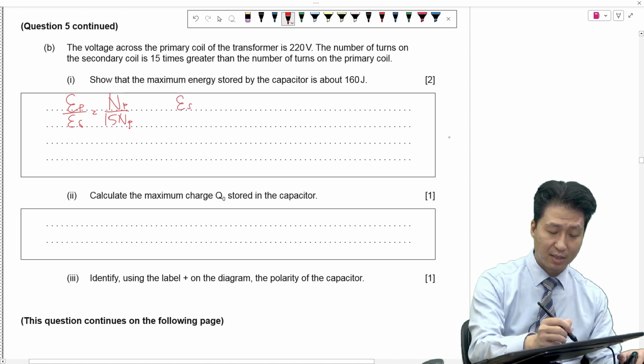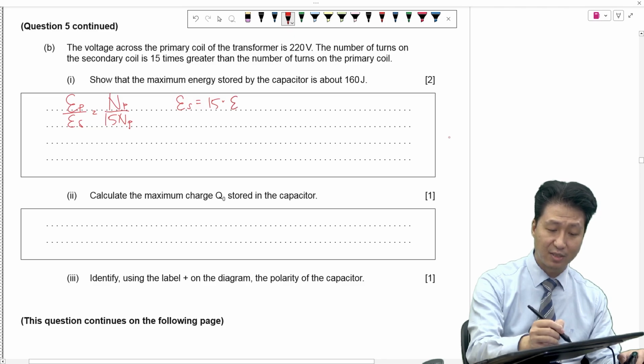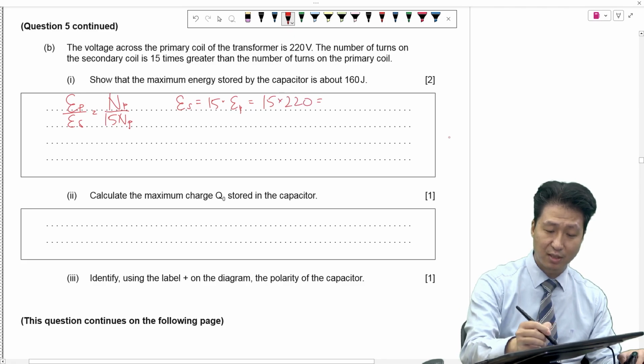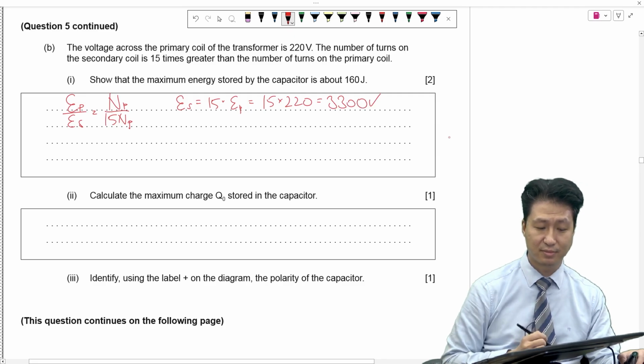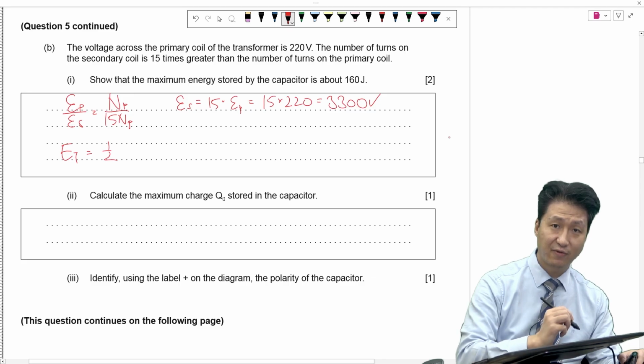This means the EMF in the secondary side is 15 times the EMF in the primary side, which is 15 times 220, which is 3,300 volts. Next. The energy stored in a capacitor is 1/2 times the capacitance times the voltage squared.